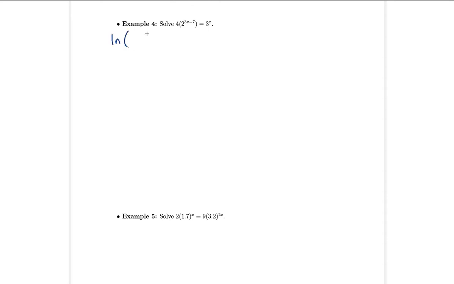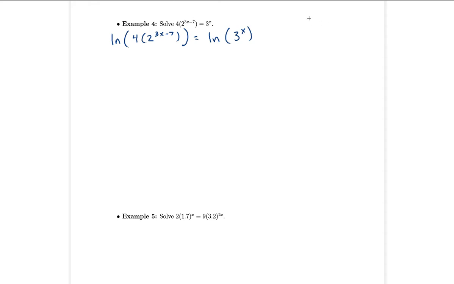So we'll take the natural log of 4 times 2 to the 3x minus 7 equals the natural log of 3 to the x. All right, now what we have to do at this point is think carefully about what our laws of logarithms say and what they don't say.